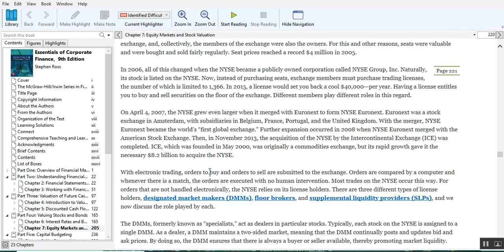Now, you've all seen the advertisements for all the electronic trading companies that you can go to that offer electronic trading in the stock market. You can buy and sell that way. You may be buying and selling on the New York Stock Exchange, and if you are, there's still some very traditional things that happen.